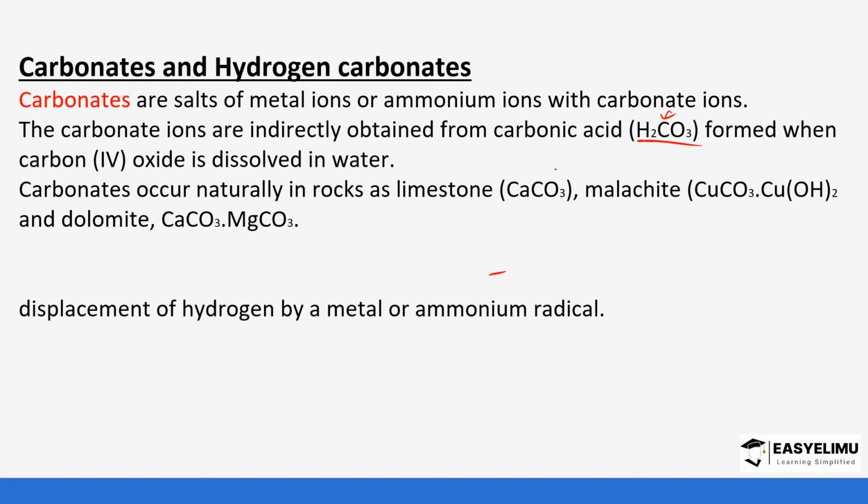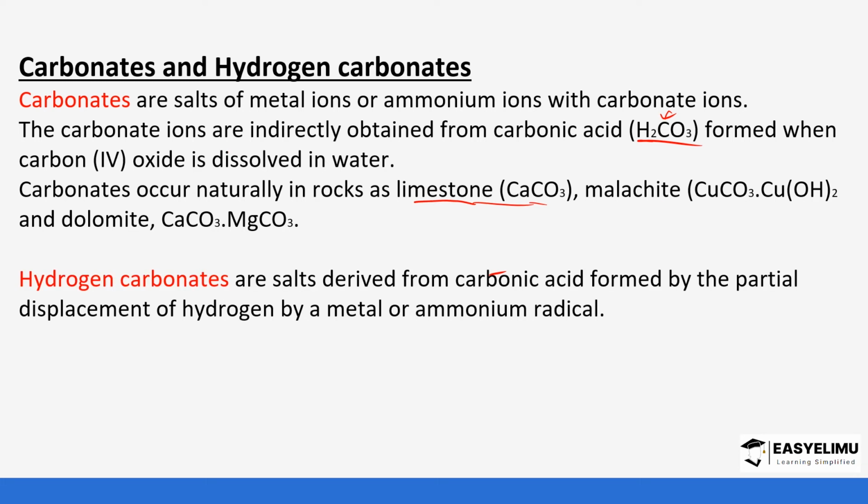So when the metal ion or ammonium ion completely displaces the hydrogen in carbonic acid, we form the metal carbonate or ammonium carbonate. Some naturally occurring carbonates are limestone, and we're going to use limestone a lot in chemistry. We have malachite and dolomite.